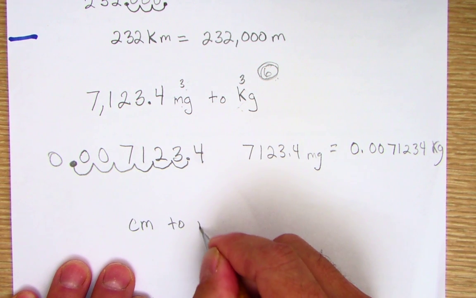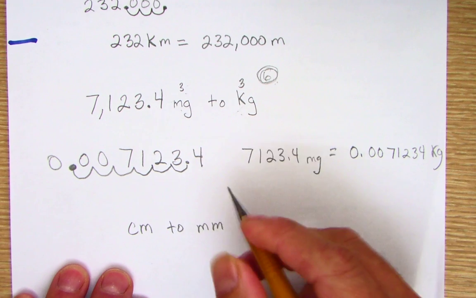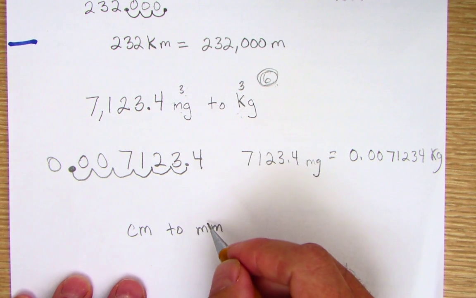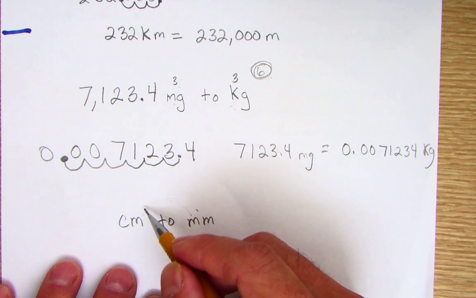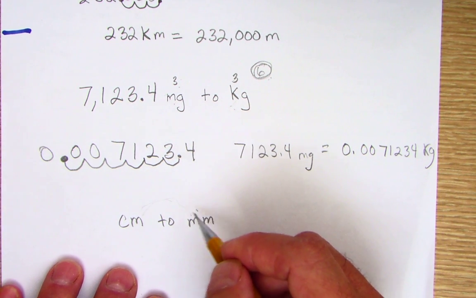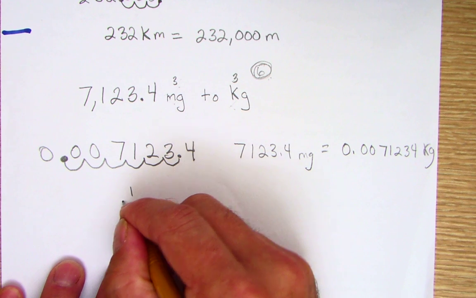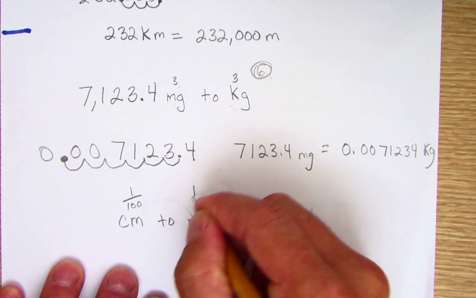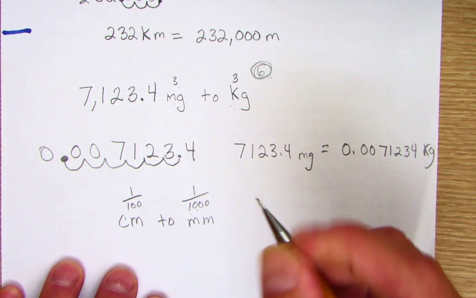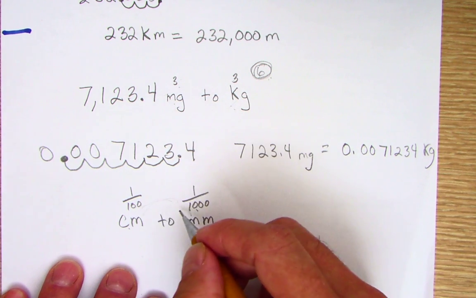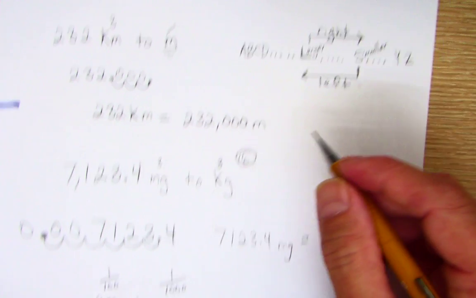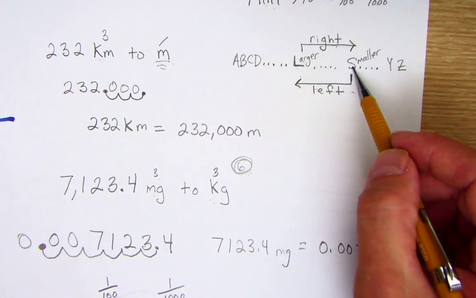Now there's one warning to this, because it doesn't exactly work when you're going from a centimeter to a millimeter or vice versa. But the only thing you have to remember is that they are only 1 power of 10 away from each other. A centi is 10 times bigger than a milli, because this is 1/100th and this is 1,000th. So when it comes to centi and milli, you just need to remember they're 1 away, and then you can still go back to our larger and smaller rule.